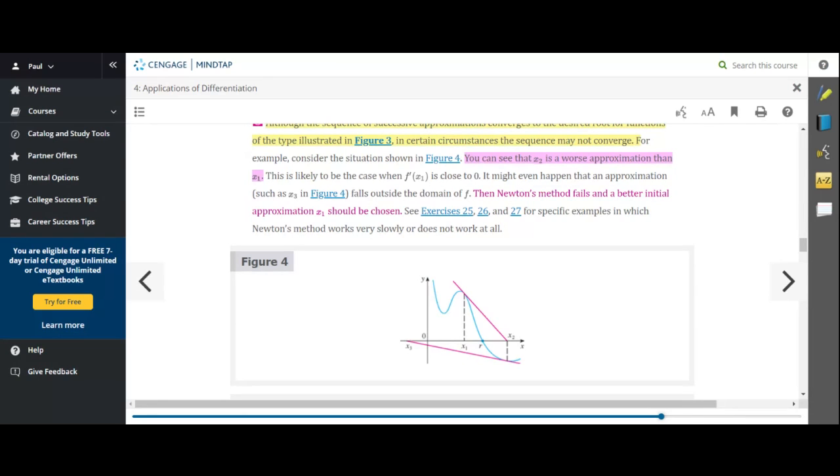The x-intercept for that tangent line is x3, which is further away. If x1 were positioned a little closer to the root r, you might avoid that issue. But it's something that can come up. Welcome to real life, right?